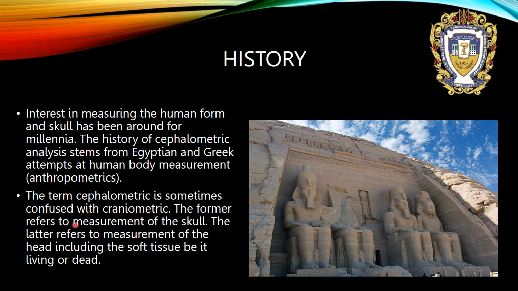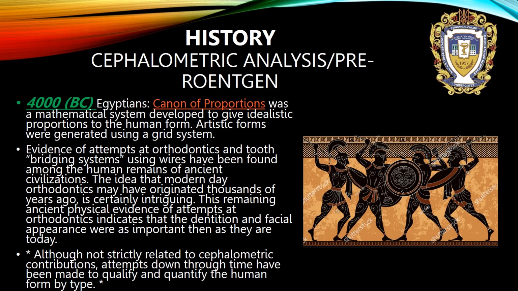The former refers to measurement of the skull. The latter refers to measurement of the head, including the soft tissue, be it living or dead. All history of cephalometric analysis is divided into pre-Röntgen and Röntgen parts.